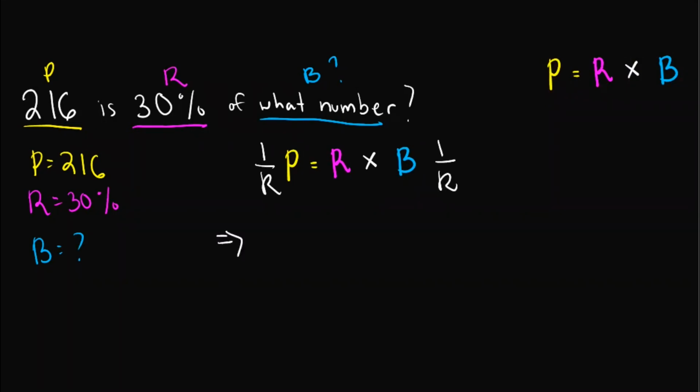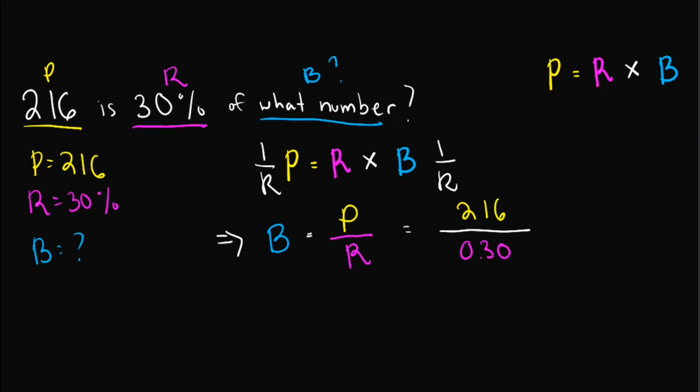And this would give us the base is equal to the percentage over the rate. And so we simply apply the values that we already have out here, and that would give us 216 in the numerator and 30% in the denominator.